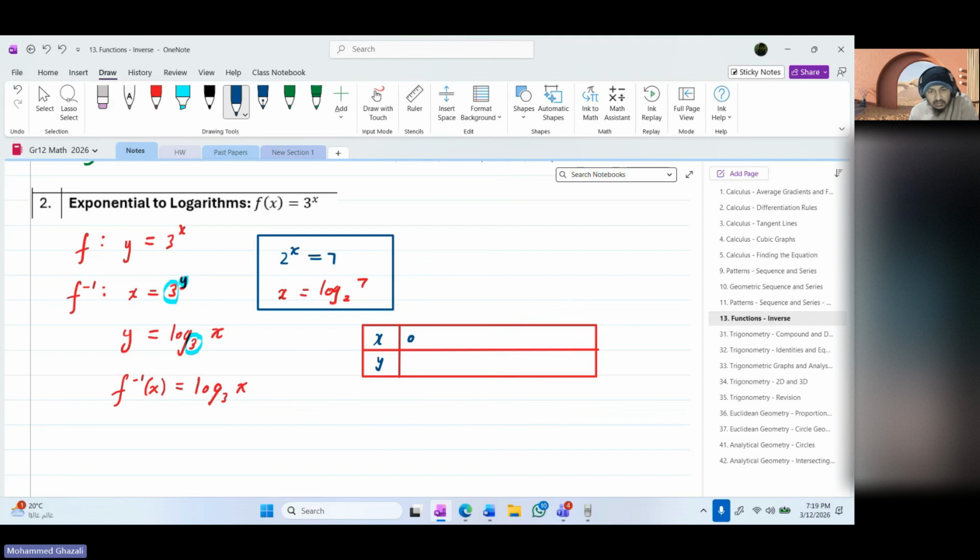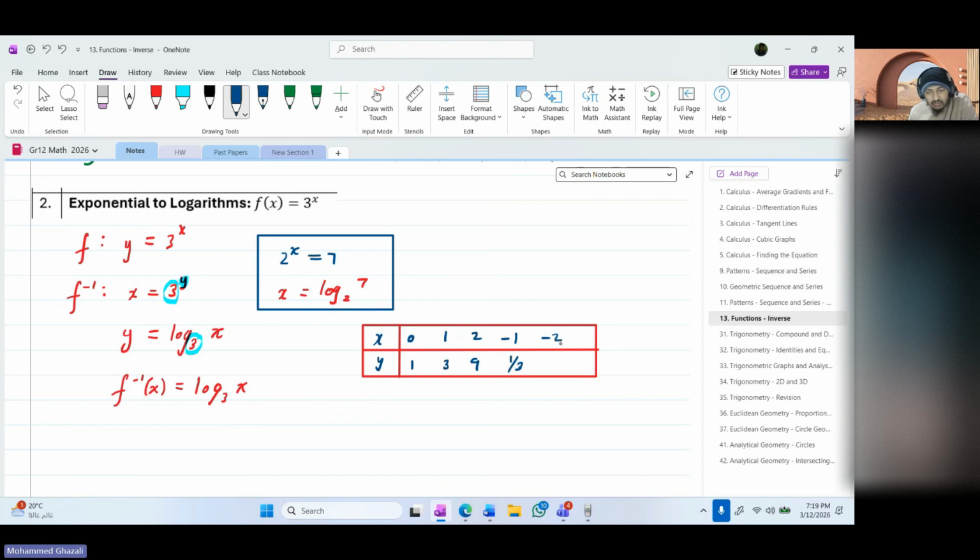If I take values on the exponential function, x values, y values, remember you can take negative and positive values. Start with positive values, start with 0. If I take 0, 3 to the power 0 is 1, okay? If I take 1, then 3 to the power 1 is 3. If I take the value 2, 3 to the power 2 is 9. What about going negatives? If I take negative 1, it's going to become 3 to the power negative 1, which is 1/3.